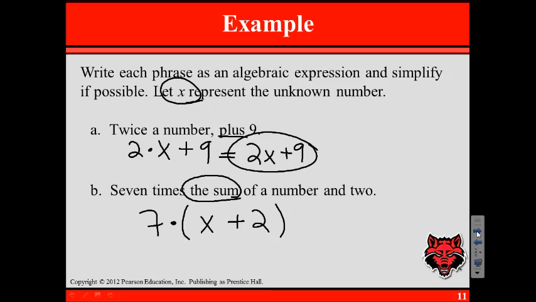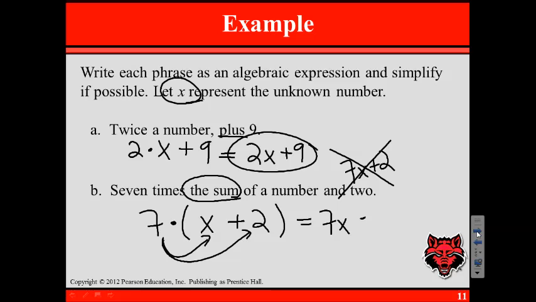What we shouldn't do is put 7x plus 2. That is not the same. That will not give you the correct answer. So because we have a number that is being multiplied by a set of parentheses, we distribute the 7. 7 times the first term, 7 times the second term. And that will give us 7 times x is 7x plus 7 times 2 is 14. 7x and 14 are not like terms, so that is the simplified expression.